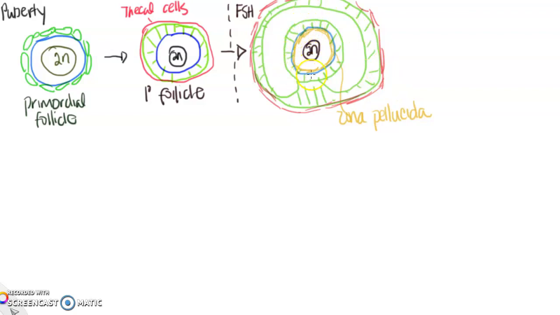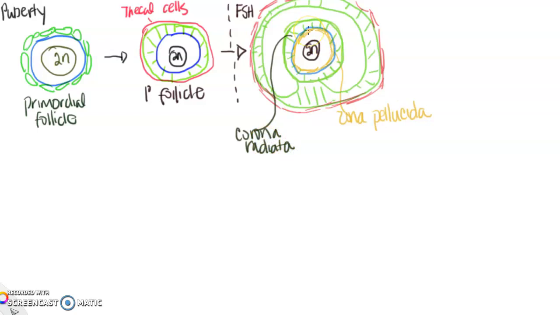The layer of cells out here, this one out here, these are still granulosa cells, but they have a special name now. This layer of cells is called the Corona radiata.